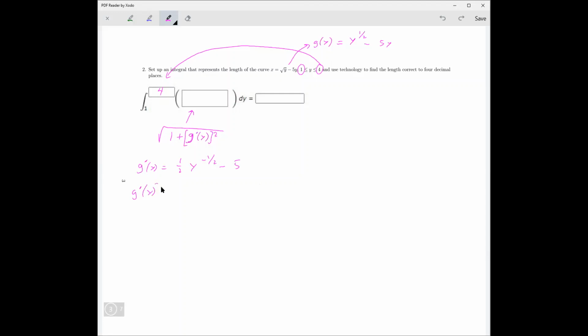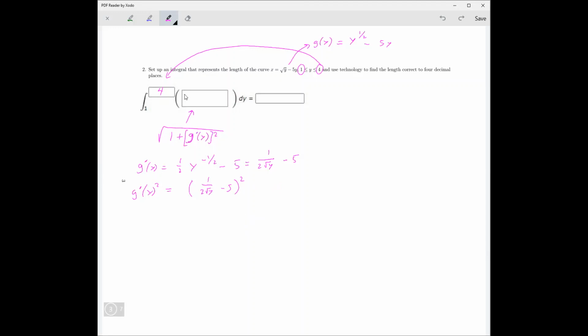G prime of y squared will be, I guess I could write it this way, maybe 1/2 root y minus 5. Okay, so g prime squared is going to be 1/2 root y minus 5 squared.